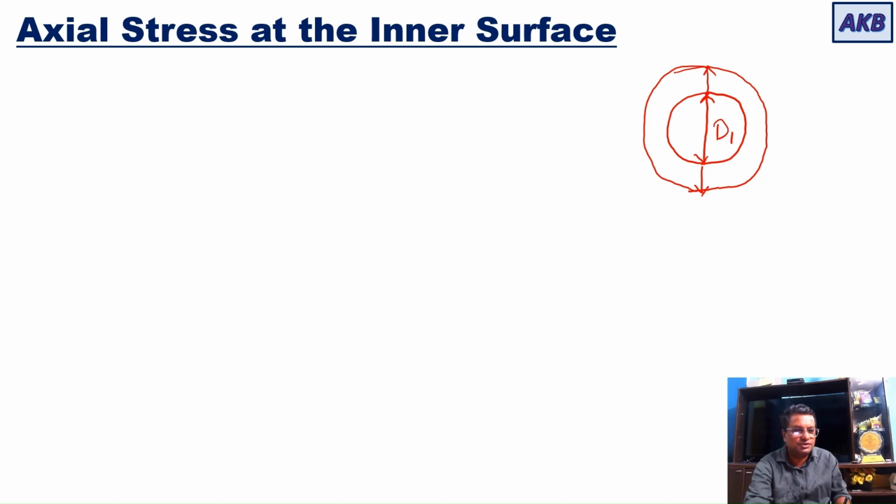This is the outer diameter, do. So by inner surface, we mean this surface. First we will understand what the axial stress is at this inner surface.